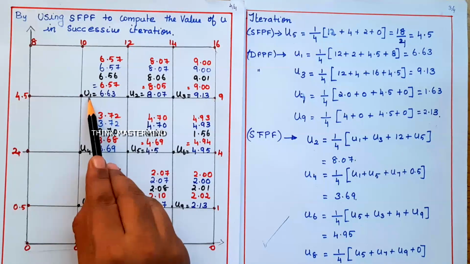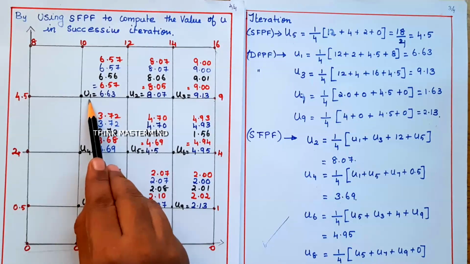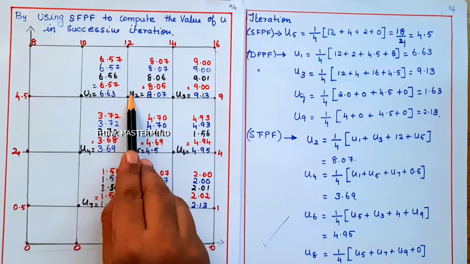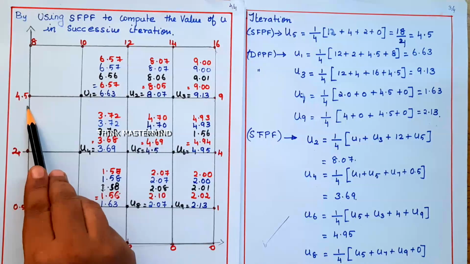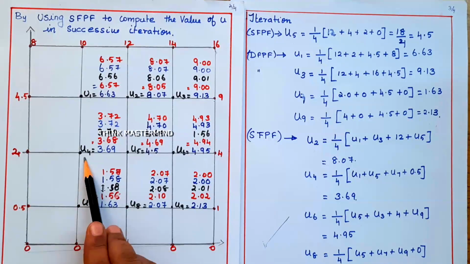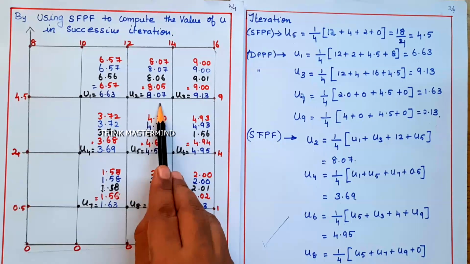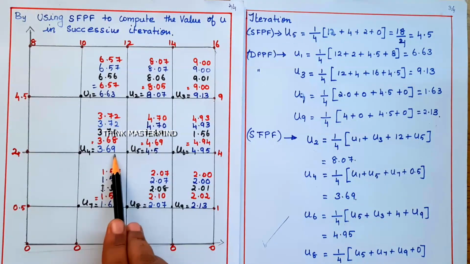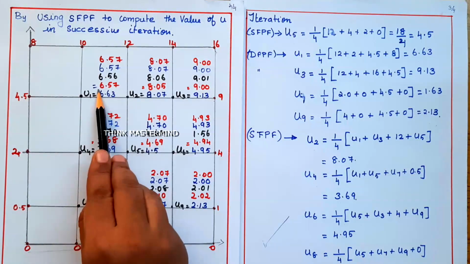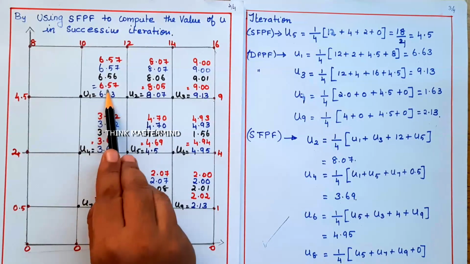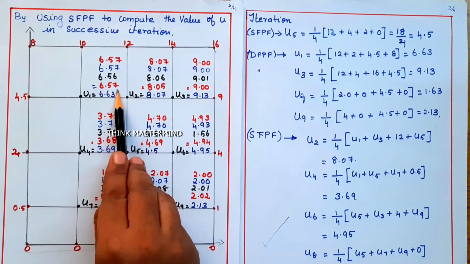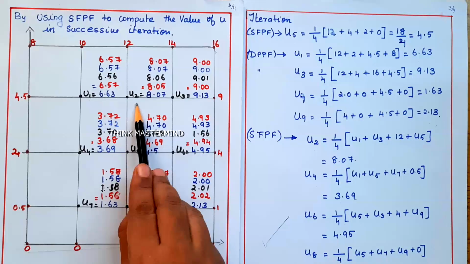So again I am starting from u1. u1 is equal to u2 plus 10 plus 4.5 plus u4, that is u2 is 8.07 and u4 is 3.69. Then you will find the new value of u1 is 6.57. Next we are going to find u2.